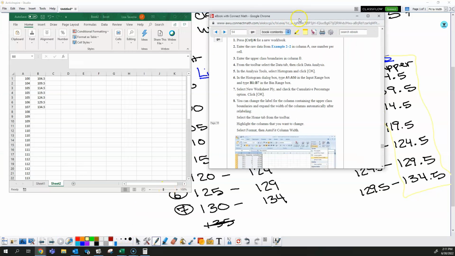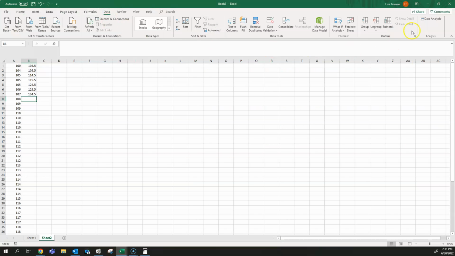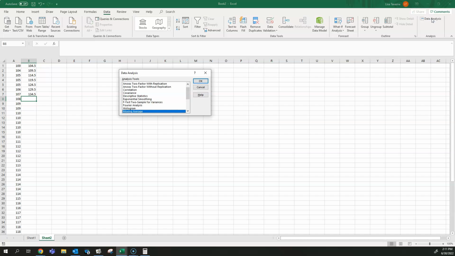Now for the easier parts, again, just clicking buttons in Excel. So we've got our upper class boundaries. Now we are going to go to the toolbar and select the Data tab and click Data Analysis. This is the add-on we did work to make sure it was there. So now we're using it.